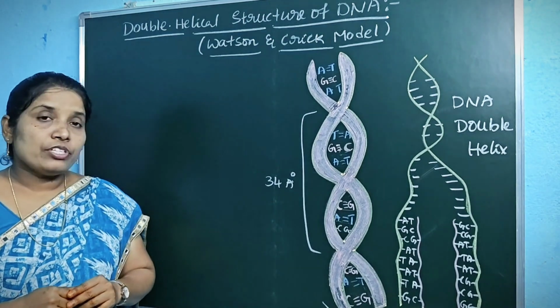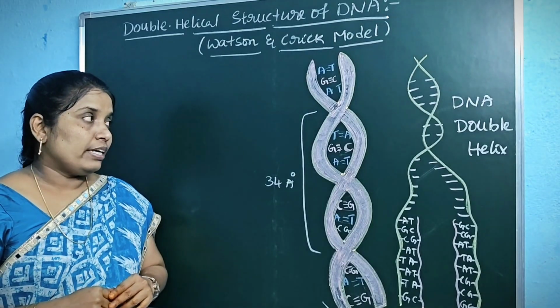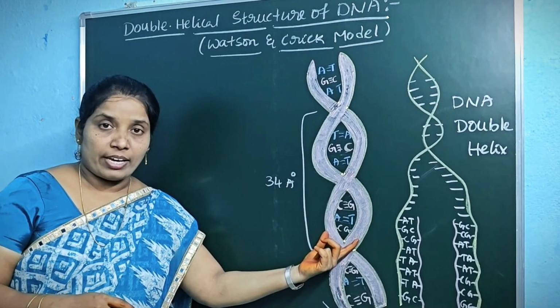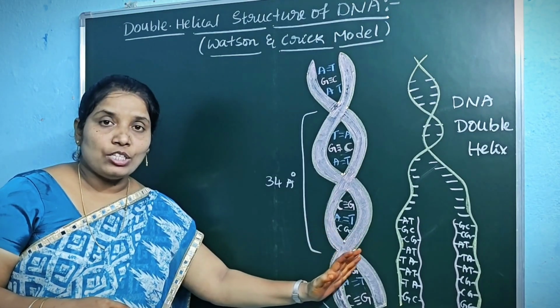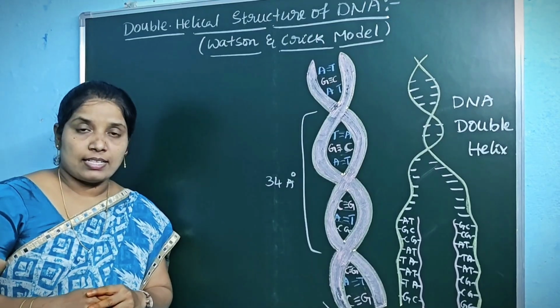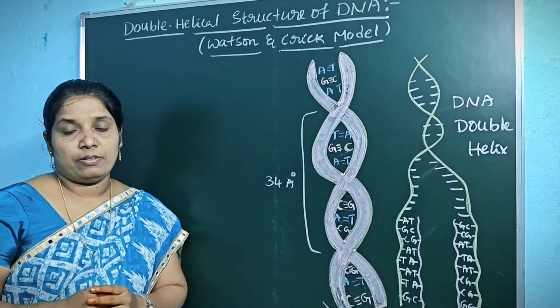If you see the double helical structure of DNA, it consists of two polynucleotide chains. They are arranged anti-parallel to each other. So the DNA double helix consists of two anti-parallel DNA strands.